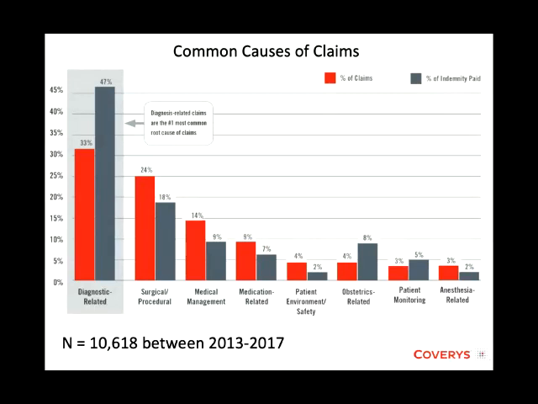The red bars are the percentage of claims, and the gray bar is the dollar value. And you can see here that the frequency of diagnostic errors still exceeds the frequency of all the other errors as well. So this has not improved from the early 2000s into the later 2000s.